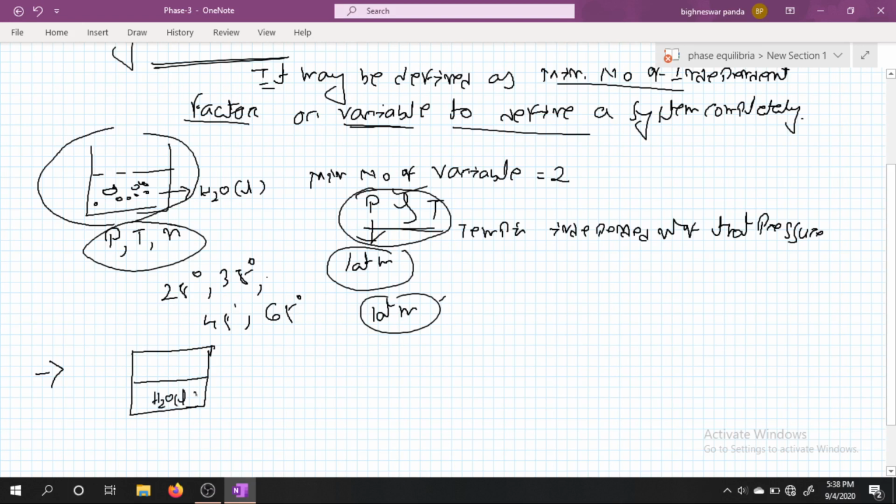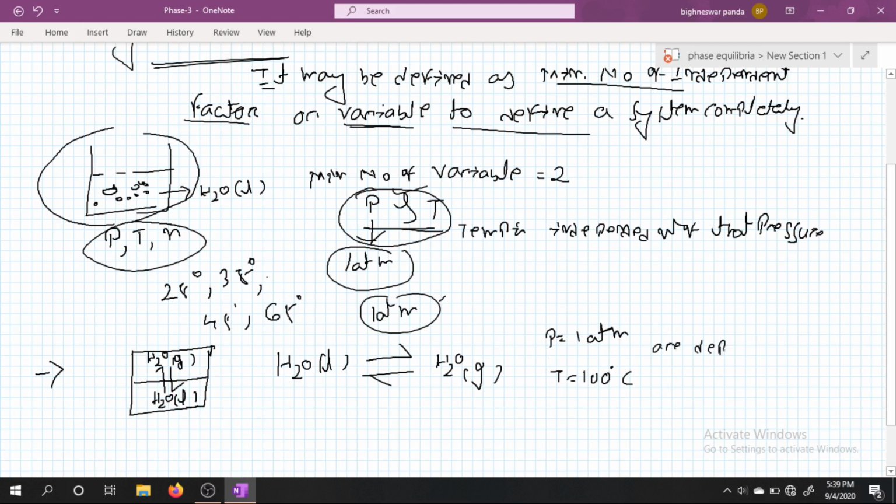Here water liquid is in equilibrium with water gas, H2O liquid in equilibrium with H2O gas, and this equilibrium condition has pressure 1 atm and temperature 100 degrees Celsius. Here pressure and temperature are dependent on each other.